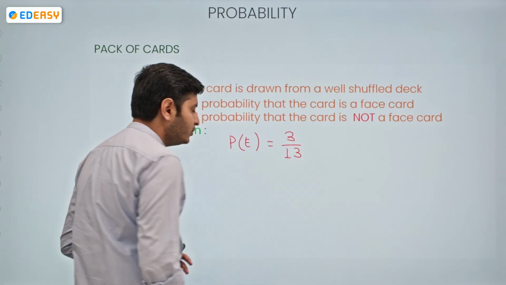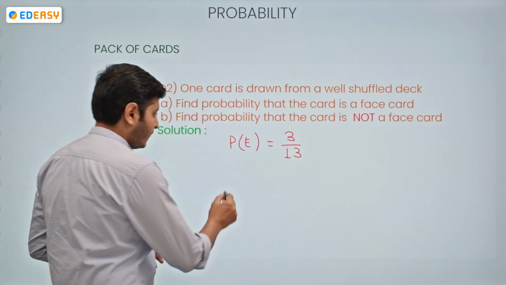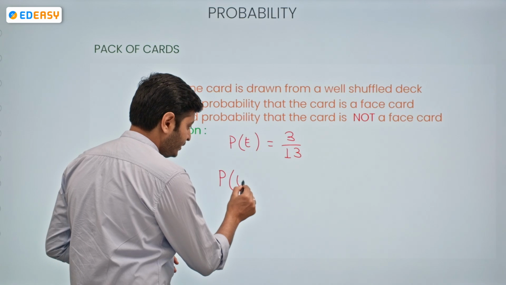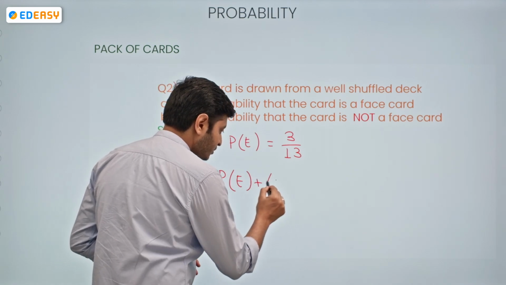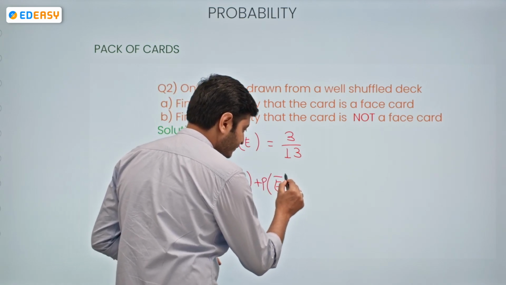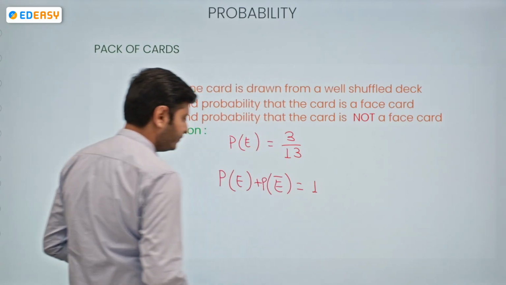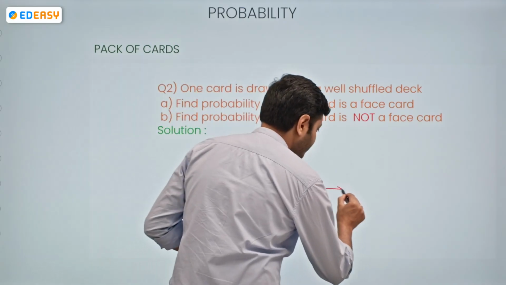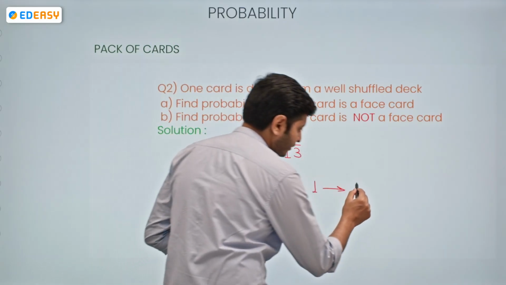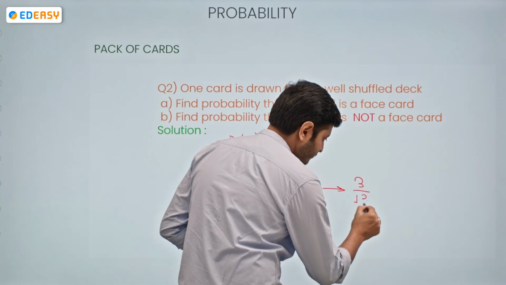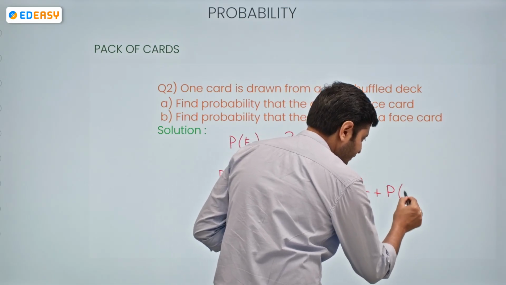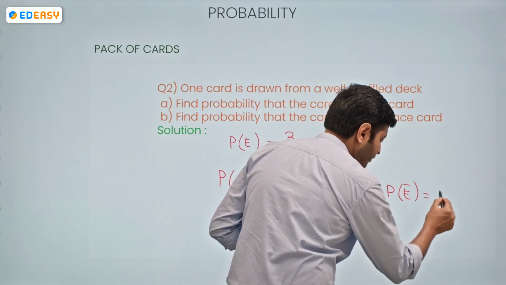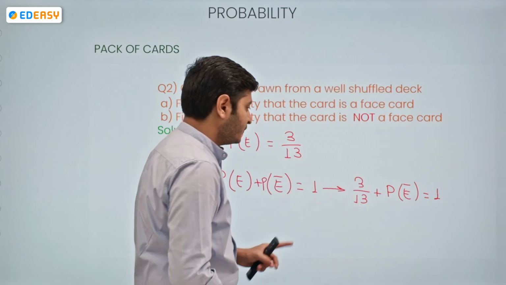As I told you, according to our formula, we can apply this formula. P of E plus P of E bar is equal to 1. Now, P of E we know that is 3 by 13, plus P of E bar we need to calculate, and this should be equal to 1.